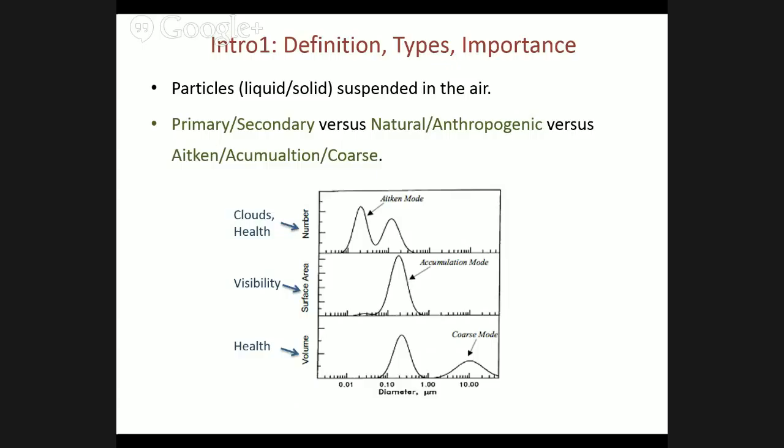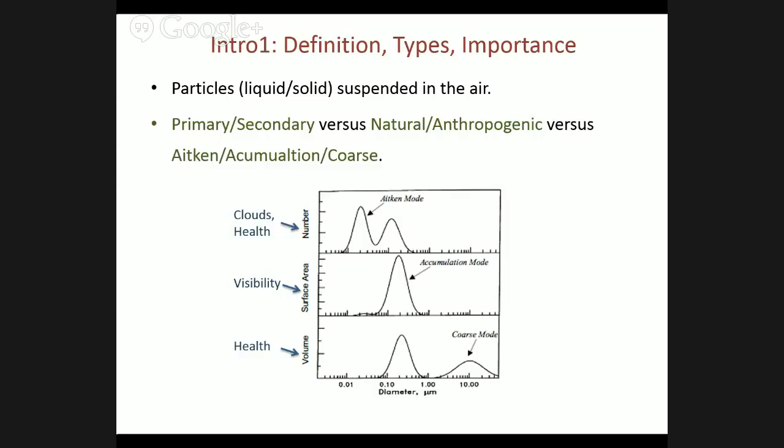So what do you mean by health classification? Okay, so for different fields, good or bad for you, is that what it is? Health. If you want to study clouds or if you want to study health, you want to concentrate on the number distribution, because the smaller particles show up only in the number distribution.